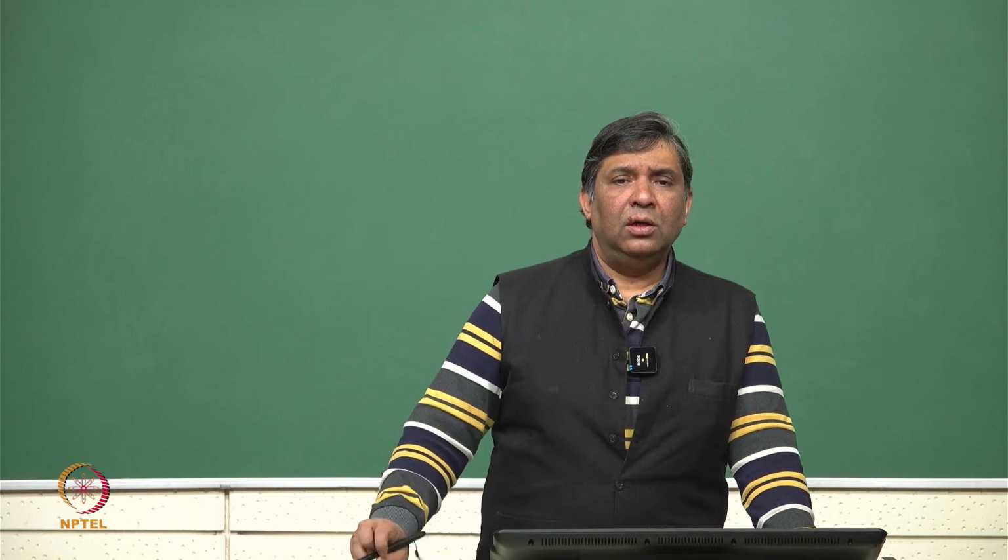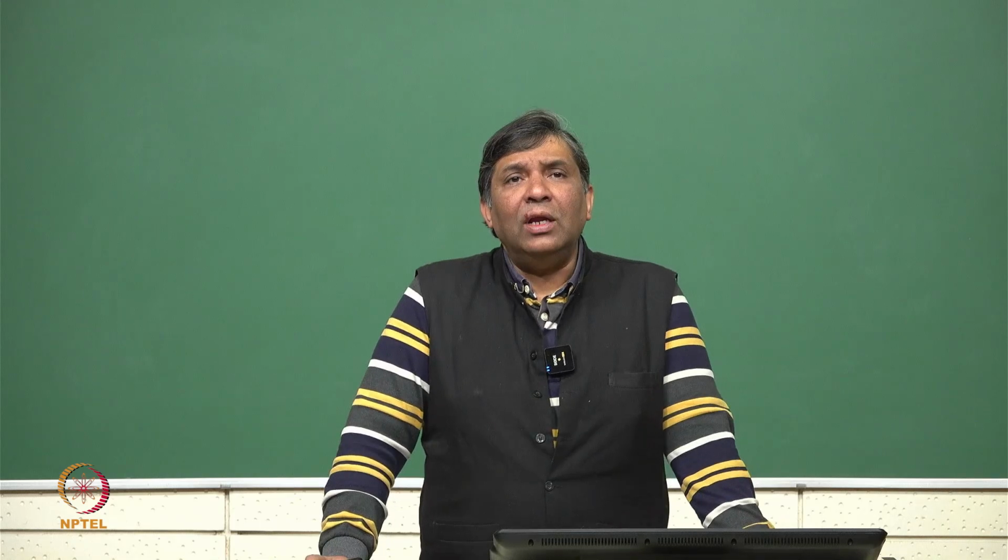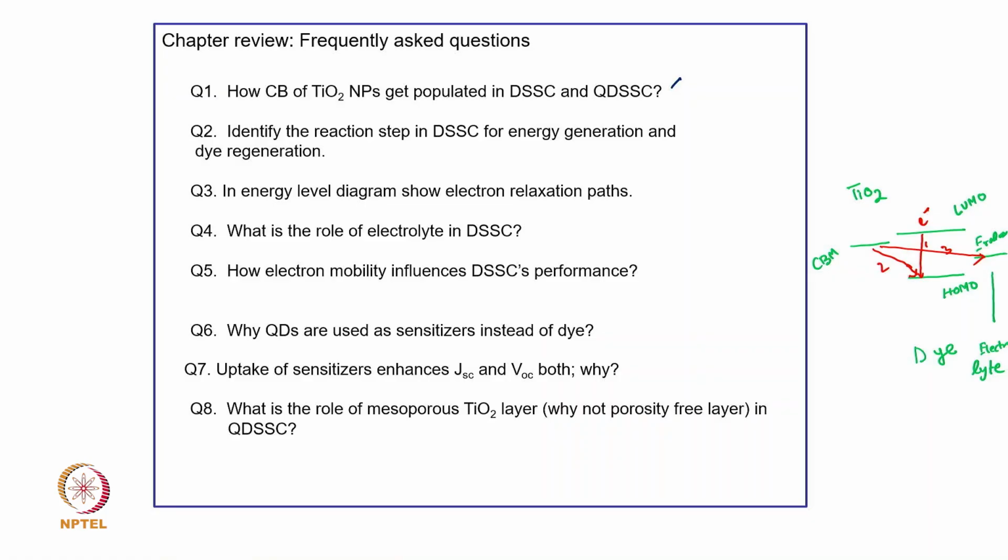Okay. So, now the next question is how electron mobility influences DSSC performance. Okay. So, we have already seen one particular case study where I have shown how electron mobility influences the performance of DSSC. So, let us again try to look at what we had discussed.